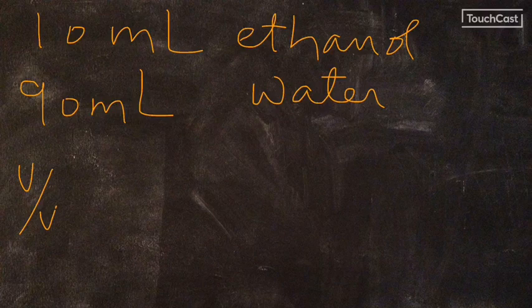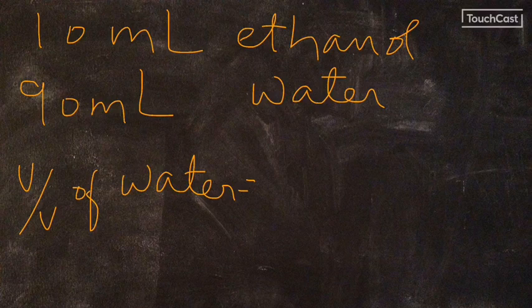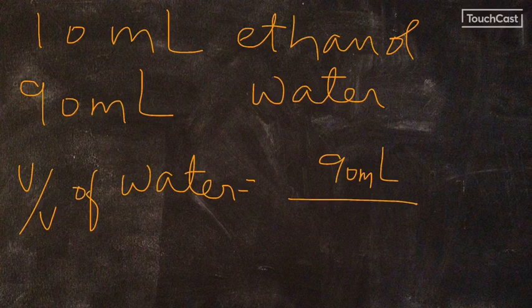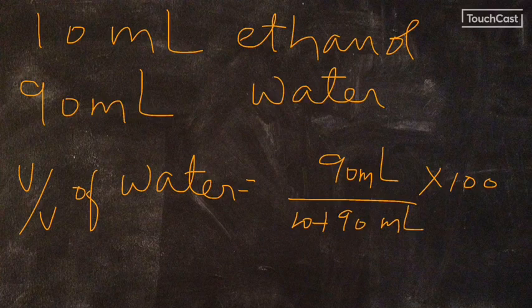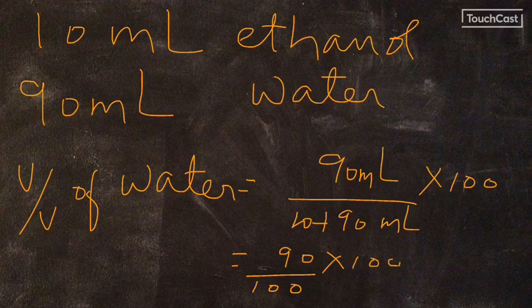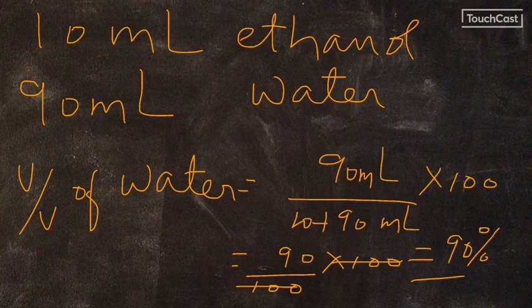So V by V of water can be calculated as the volume of water, that is 90 ml, divided by the total volume of the solution, that is 10 plus 90, into 100. So 90 by 100 into 100, you get it as 90%. So the volume percentage of water in this solution is 90%.